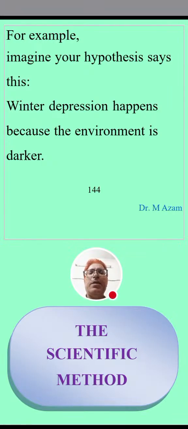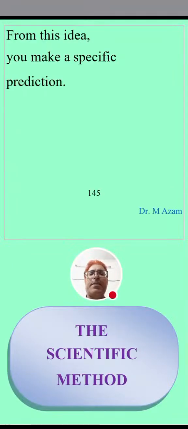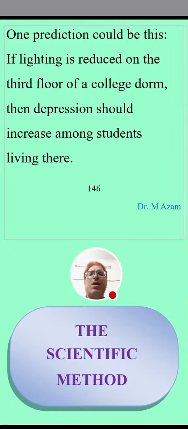For example, imagine your hypothesis says this: winter depression happens because the environment is darker. From this idea, you make a specific prediction. One prediction could be this: if lighting is reduced on the third floor of a college hostel, then depression should increase among students living there.